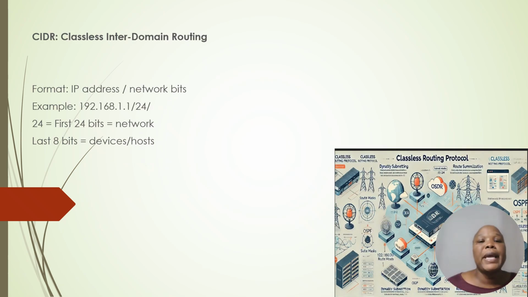Now, let's make things a bit smarter. CIDR stands for classless interdomain routing. This classless interdomain routing helps organize and divide networks more efficiently.